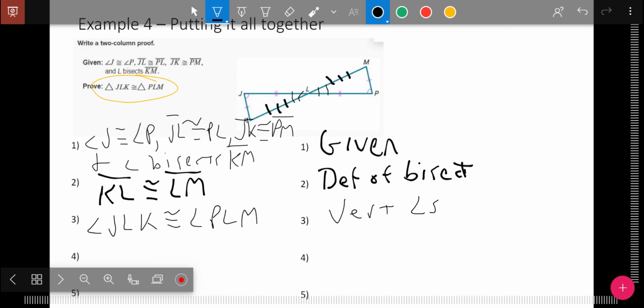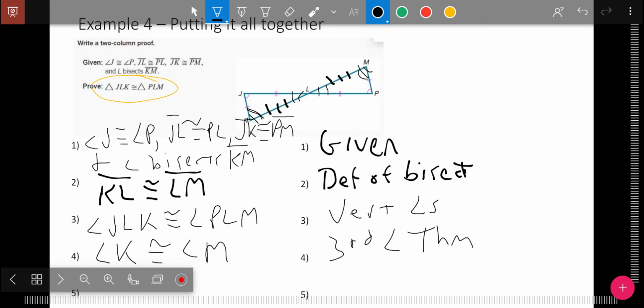Now, if 2 angles are congruent to each other, I have P and J, and L and L, JLK and PLM. Then the third angles, in this case angle K and angle M, have to be congruent because of third angle theorem. And so I'm good on the third angles now.